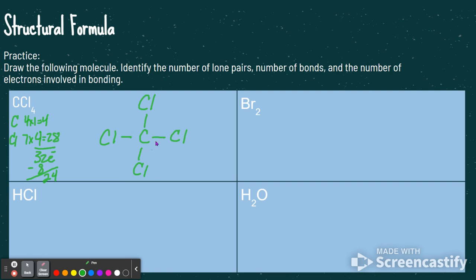My carbon is actually good to go. It's already got 8. But each of these chlorines needs its 8 total as well. So 2, 4, 6, 8, 10, 12, 14, 16, 18, 20, 22, 24. All right, so minus 24, and I have accounted for all of them now.